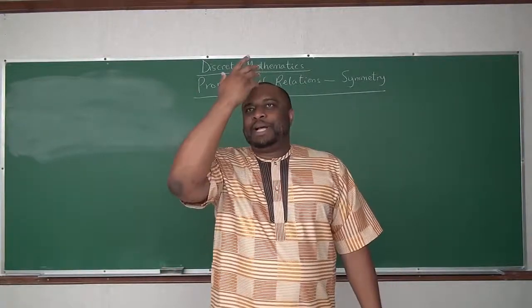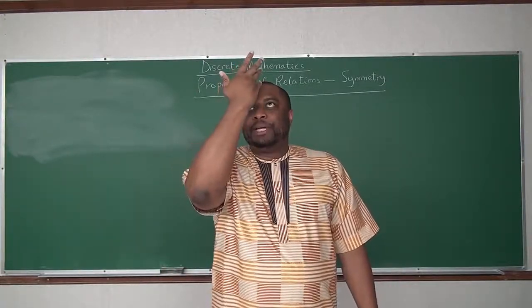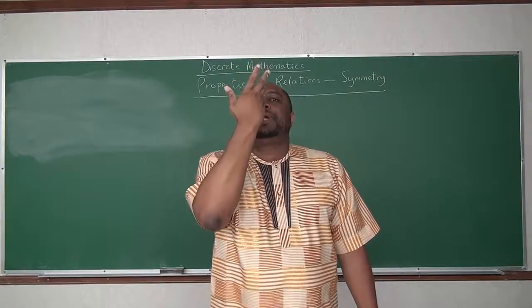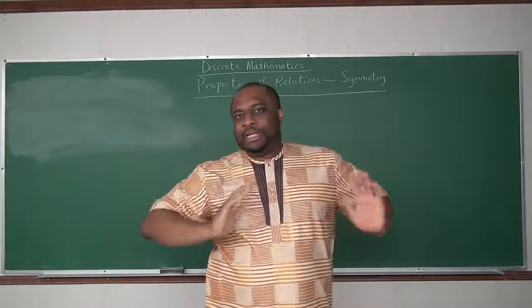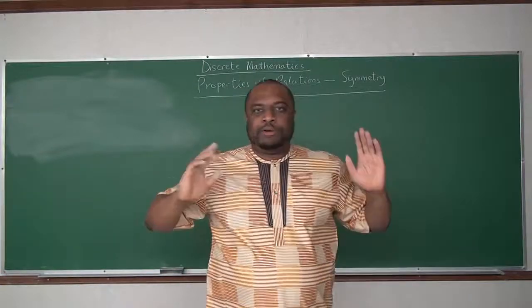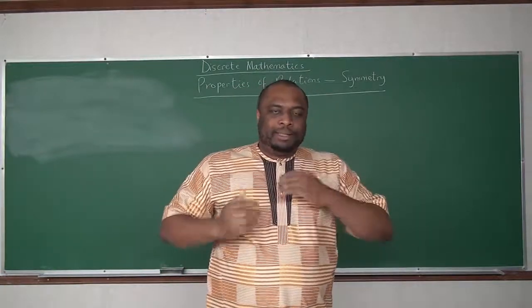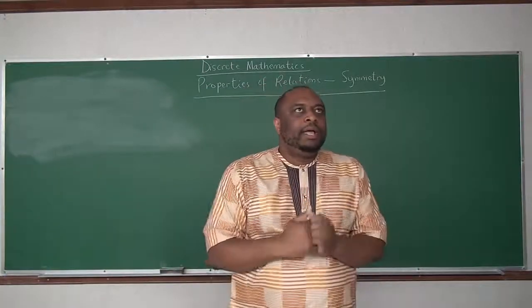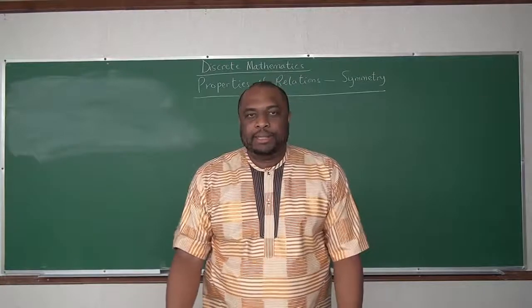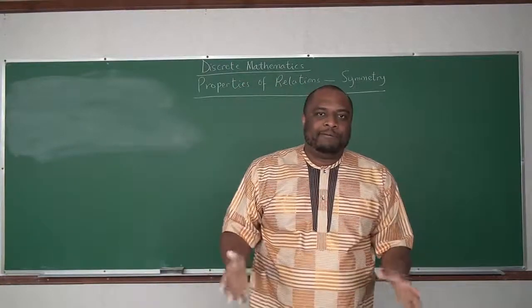So let's say you look at a human being, and there's a line of symmetry right here. So you see that with biology, when you talk of symmetrical, the two halves are identical. Bring it to algebra, when you did parabola, for instance.